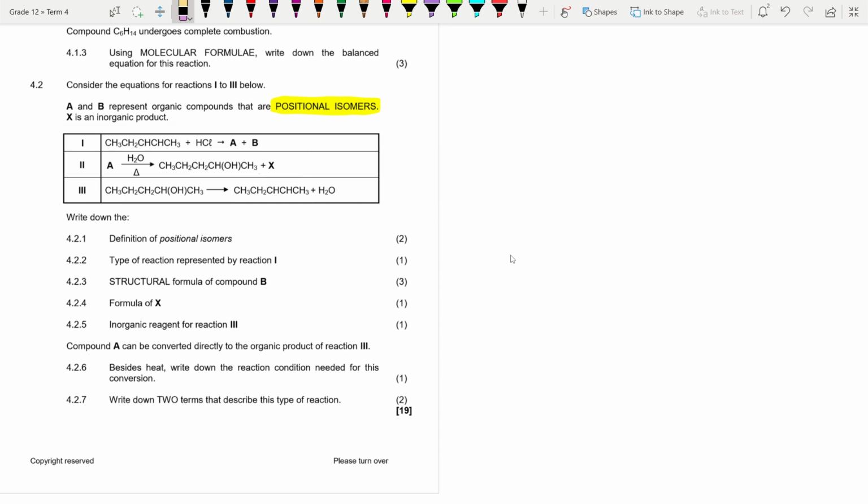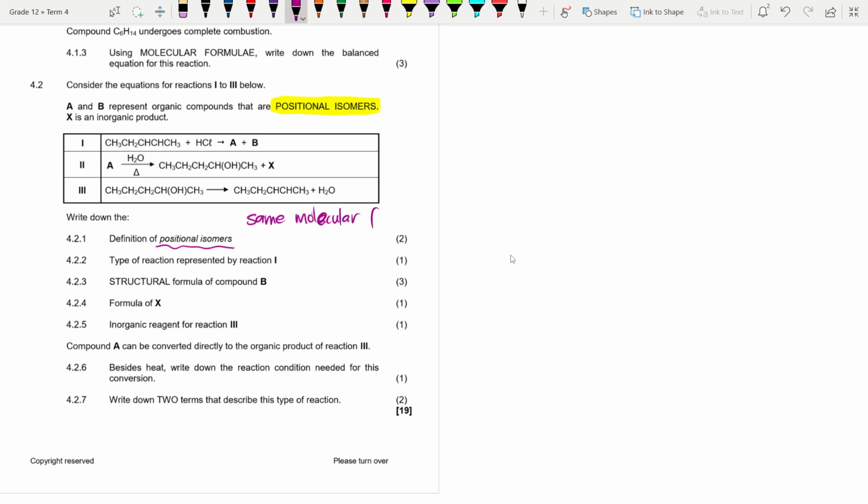Okay. Then write down the definition of positional isomers. Anyone who remembers how to define positional isomers? They have the same molecular formula, but they are put in different positions.